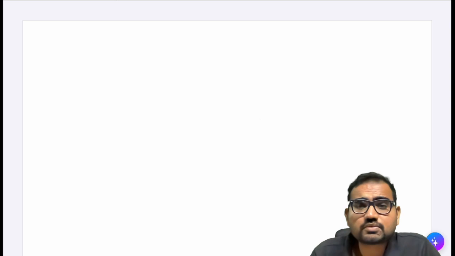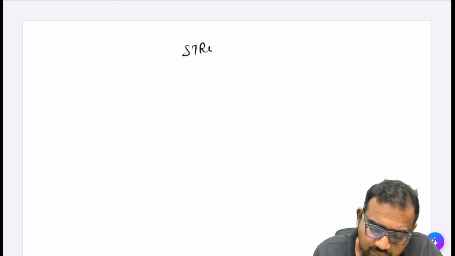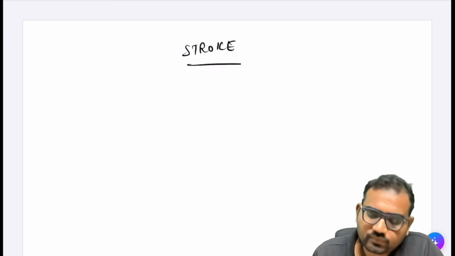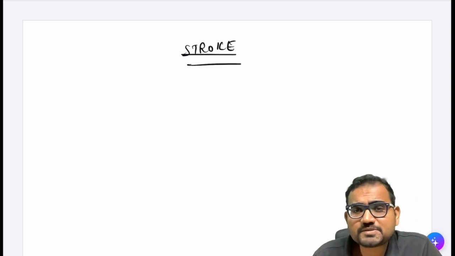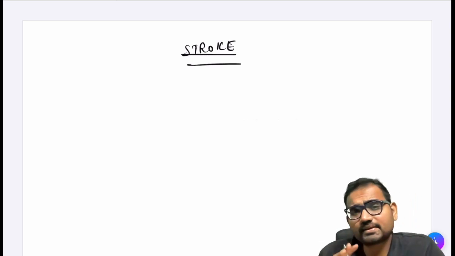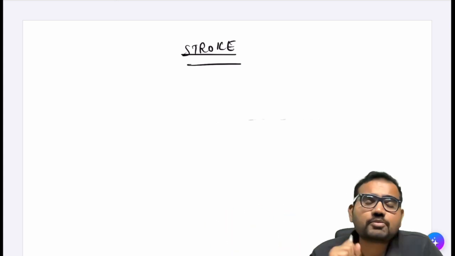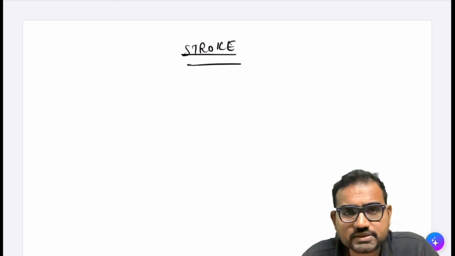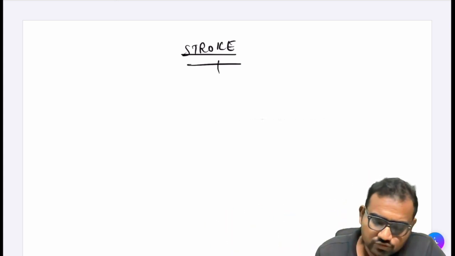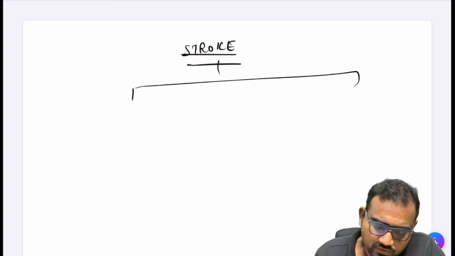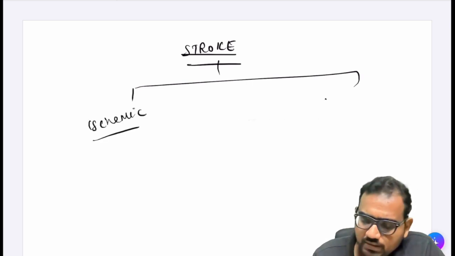So the next disorder we are going to see is stroke. What happens basically is the brain doesn't receive enough blood, and that results in ischemia. Stroke can be of two types: one is ischemic stroke, another is hemorrhagic stroke.